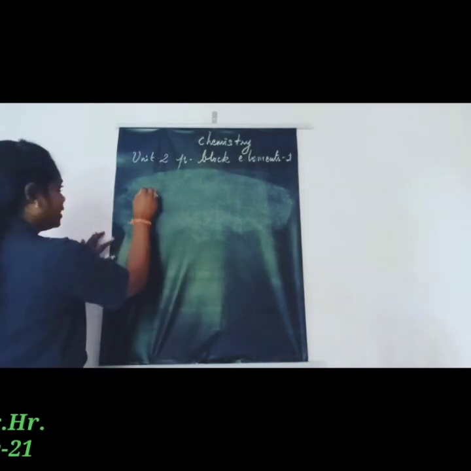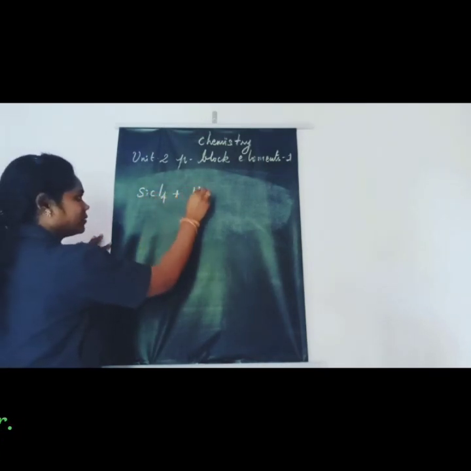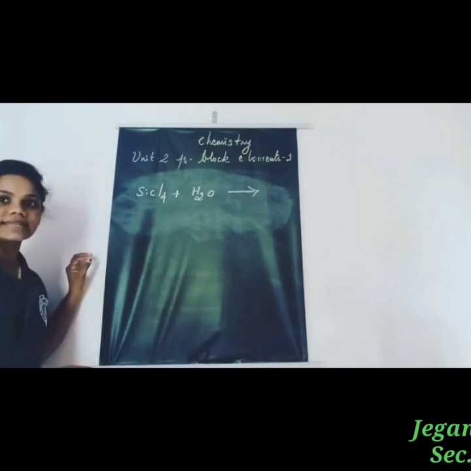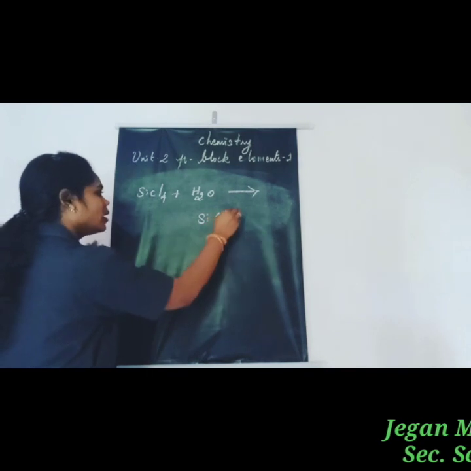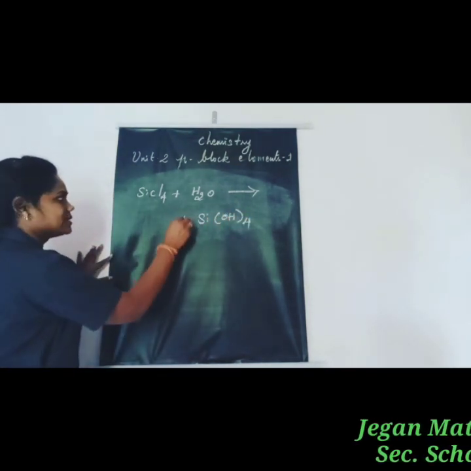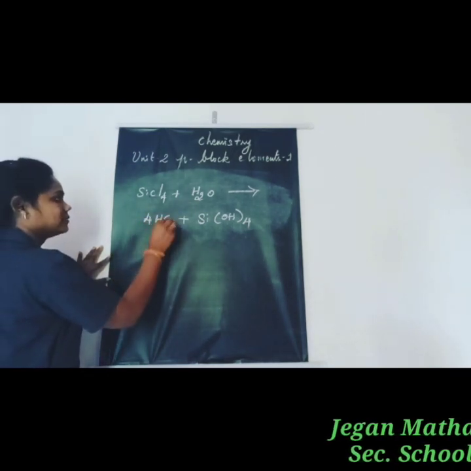Silicon tetrachloride, SiCl4, plus water molecules, that is H2O, gives orthosilicic acid. The formula for orthosilicic acid is Si(OH)4. So that is orthosilicic acid plus 4 times of hydrogen chloride.